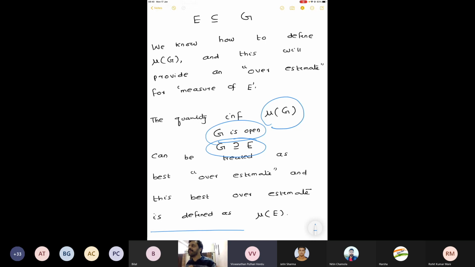But now instead of an arbitrary open set covering E, I am going to cover E with a union of open intervals. Okay. And therefore this mu of G will be the sum of the lengths of the individual intervals in that covering.